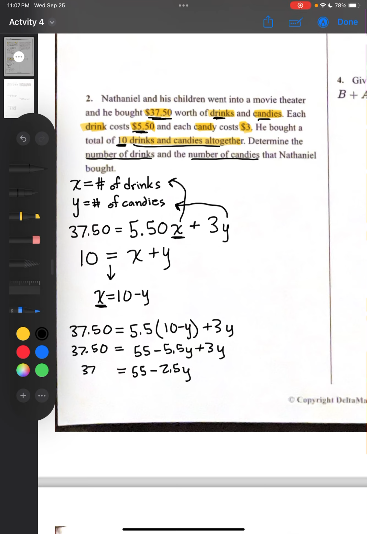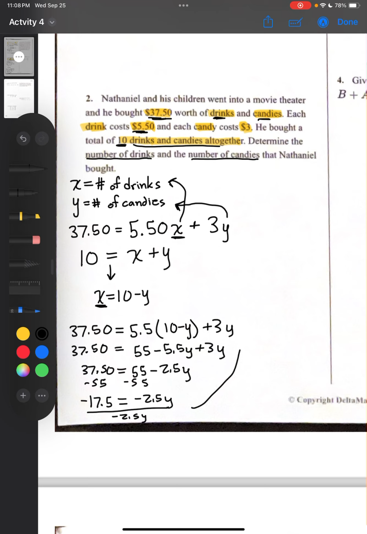That is still equaling our 37.50. Subtract that 55. That should get you negative 17.50 equals negative 2.5y.